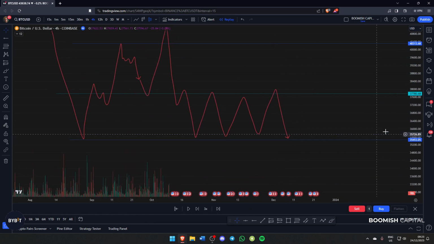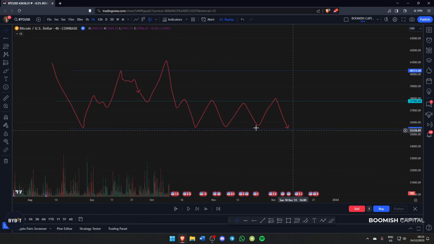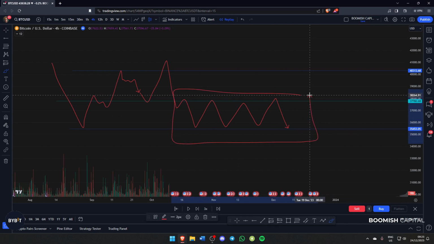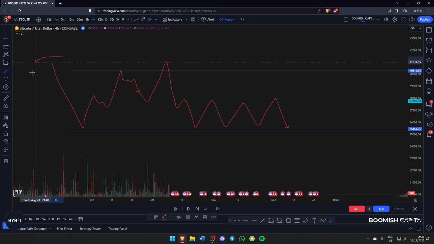At this point, I'd be looking, okay, we're retesting this bottom a lot, and we're spending a lot of time in the lower half of the range, right? Top half, bottom half. At that point, I'd be saying, okay, let's see if we can find something on a breakdown.